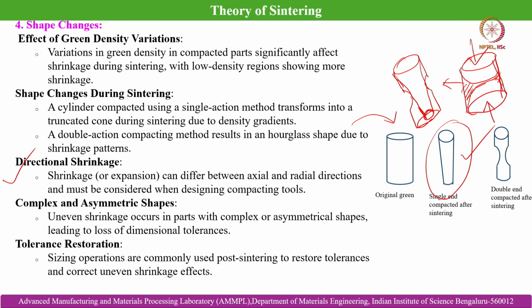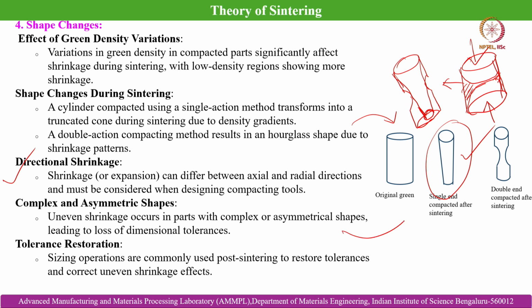Then complex and asymmetric shapes. Uneven shrinkage occurs in parts with complex or asymmetrical shapes, leading to loss of dimensional tolerances. That is again true, because complex or asymmetrical shapes can cause a lack of uniform transfer of pressure during compaction at all the locations, and that can of course cause a density gradient.